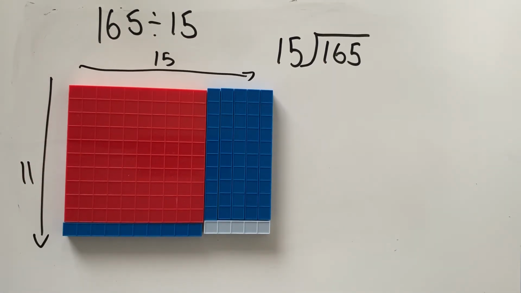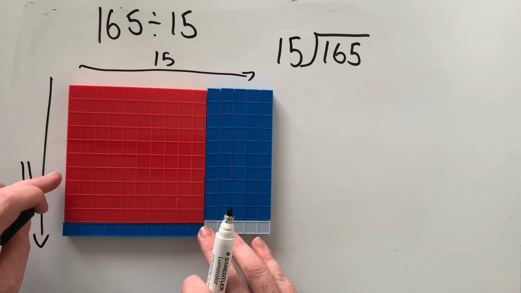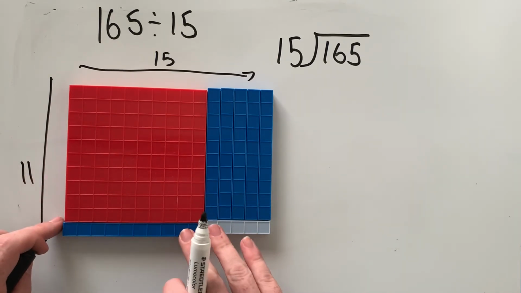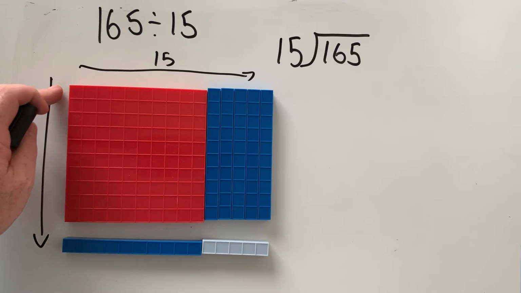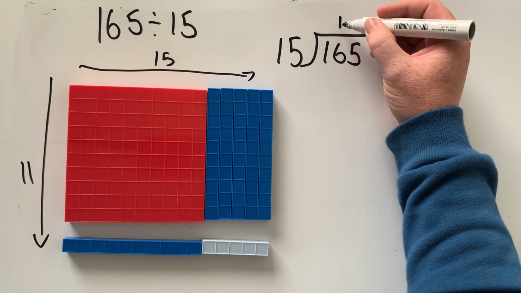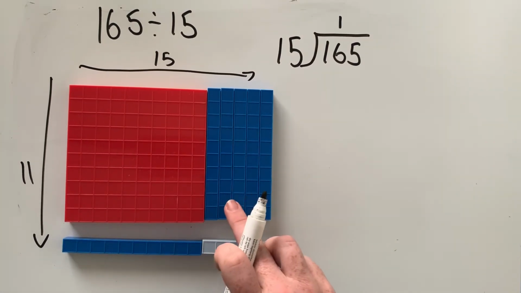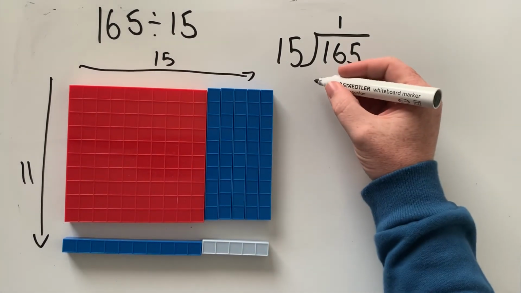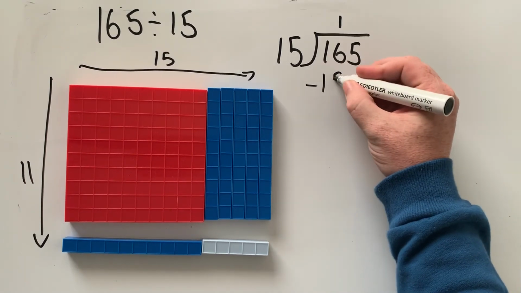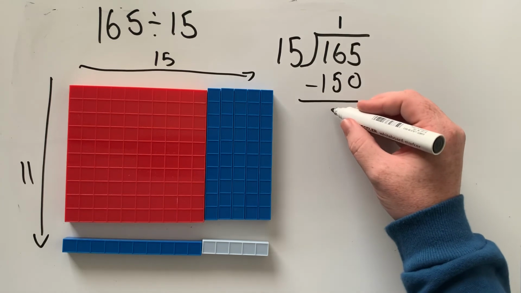And once again, I'll show you the long division. So where it goes from hundreds to tens blocks, we separate. It fits into here 10 times. This block here is 110, 20, 30, 40, 50. So take away 150, which leaves us with 15.